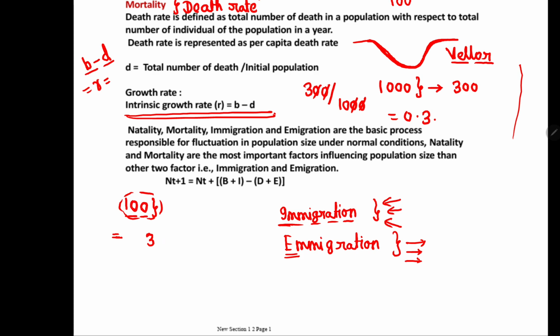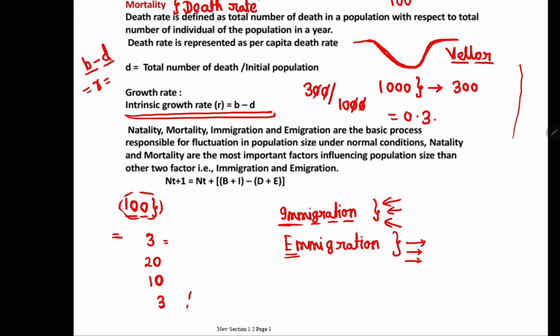Then 20 people came from outside the village and got settled there. Then due to some disease, a total of 10 individuals died. And then 3 people left that population.